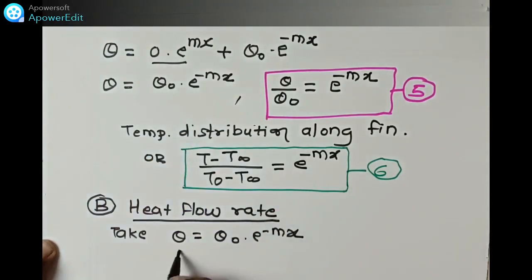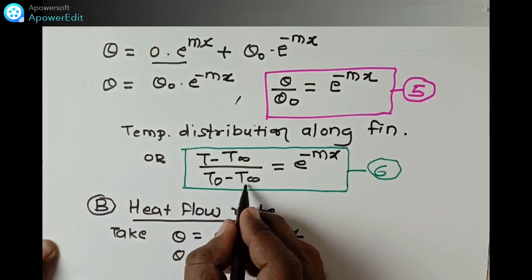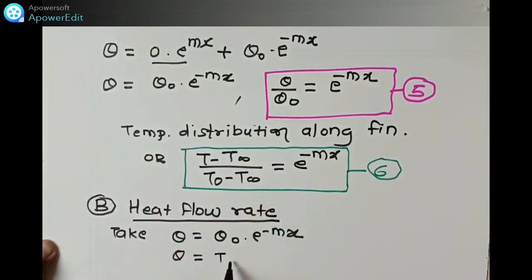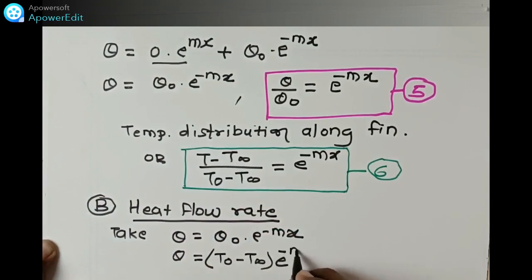So here, for theta 0, we can take this T0 minus T infinity. So theta is equal to T0 minus T infinity into e raised to minus mx.